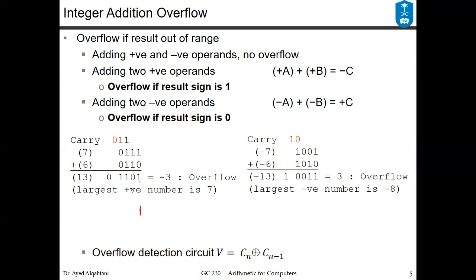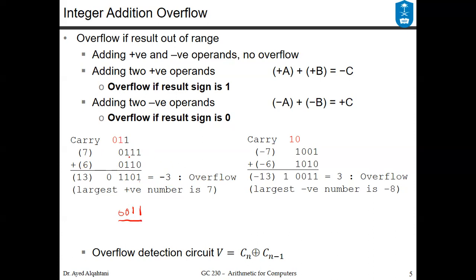So you keep this one, and you flip 1, 0, 0. So that's 3, which means that this number is negative 3. So you can say that the decimal number 7 plus the decimal number 6 is equal to negative 3. This is obviously incorrect, and we got this incorrect result because of the overflow.